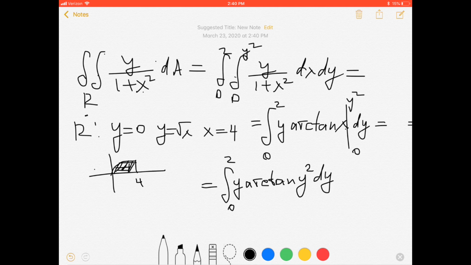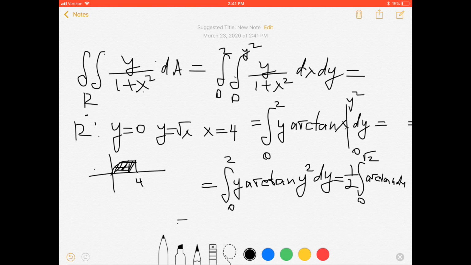As you can see, this integral is more complicated than what we had before. Because it's only an example, I'll just show you: if we use u substitution, it will be 1/2 integral of arctan u du from 0 to square root of 2.